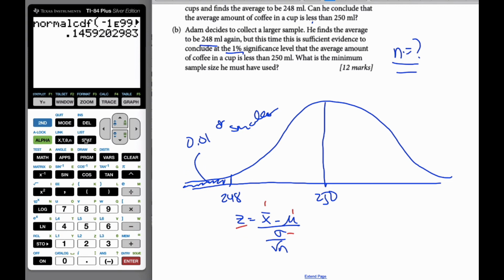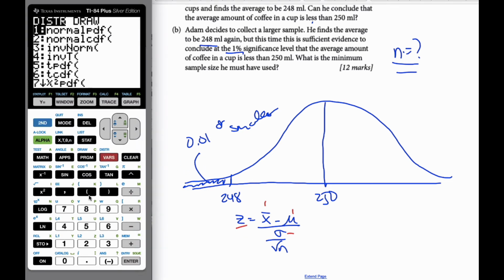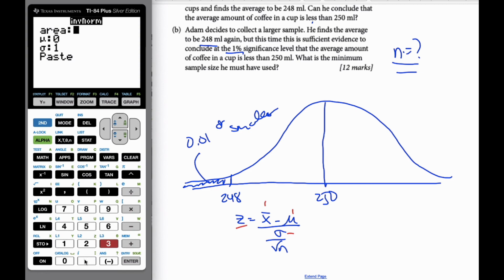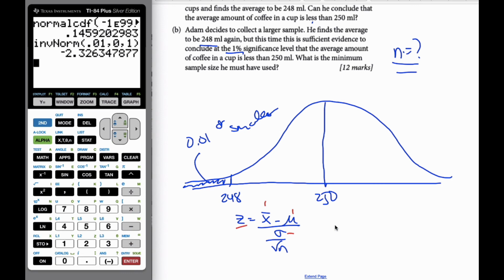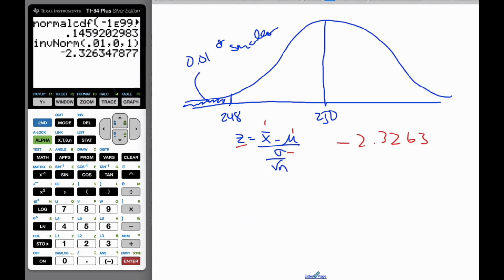And so to do it, I'm going to go second, inverse normal. My area is going to be 0.01. My mean is 0. My standard deviation is 1. And that gives me negative 2.3263.